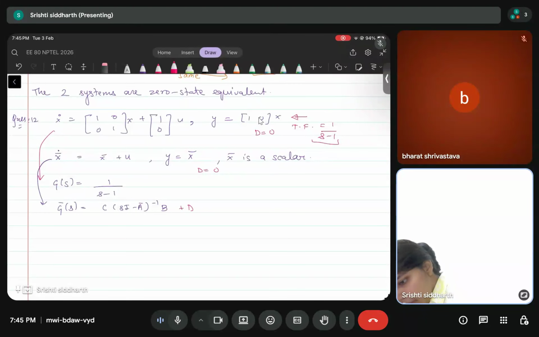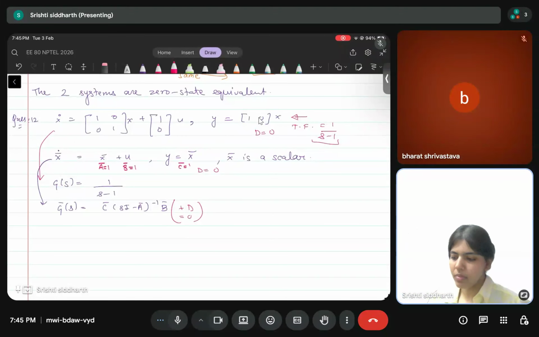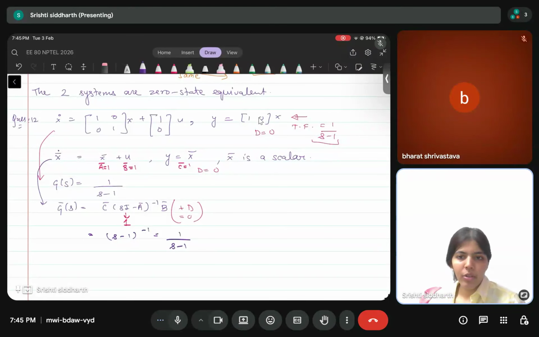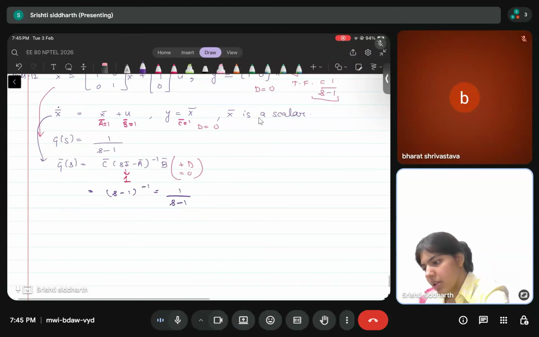A bar is 1, B bar is 1, C bar is 1. And the identity matrix in one dimension is just 1. This is 1 times (s minus 1) inverse. Okay, so the transfer functions are the same. So the two systems are zero state equivalent.